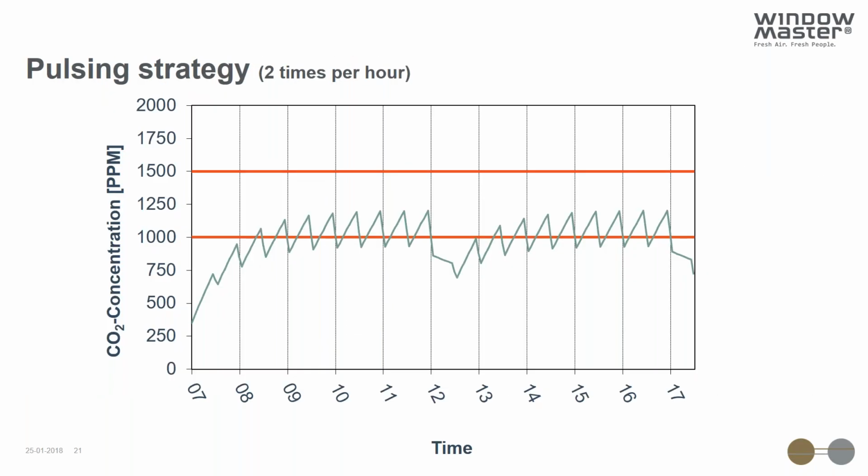This also applies to a winter situation, where we often use pulsing strategies to avoid draft problems. Here's an example. This is just a simple CO2 concentration calculation, where we have an air change 2 times per hour of 3 minutes.